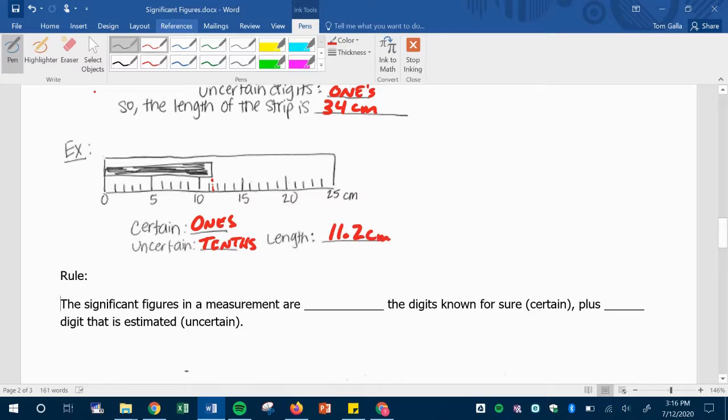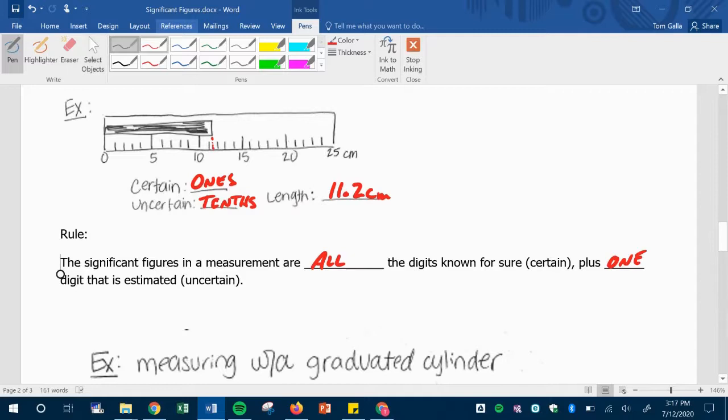So if it helps, the idea is that significant figures in measurements are all of the known digits, meaning the digits we know for sure, plus one digit that's estimated. So let's just draw blanks for our numbers.